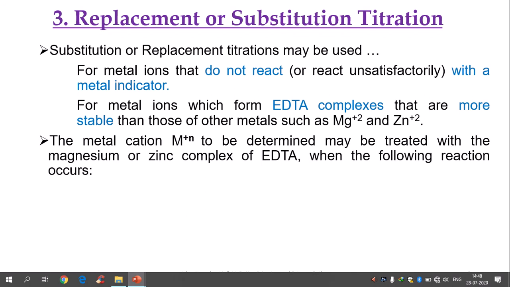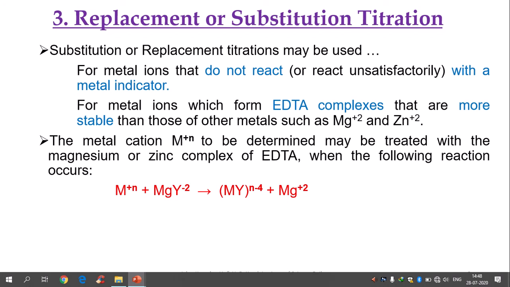Say we have taken a metal ion which is to be determined, which is to be replaced first of all. Now how is it replaced? It is replaced by a magnesium EDTA complex. So when we take a metal ion to be determined, it is substituted by the magnesium EDTA complex. Hence we get metal EDTA complex, plus magnesium will be free.